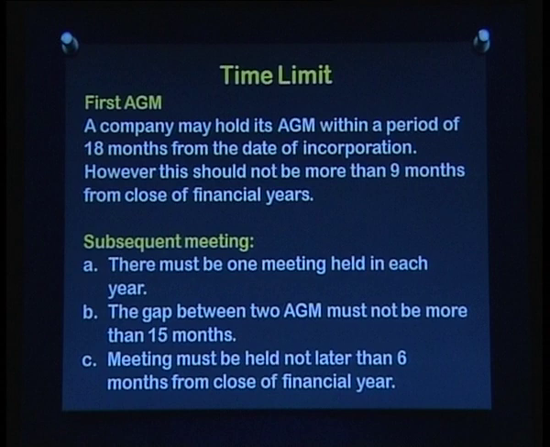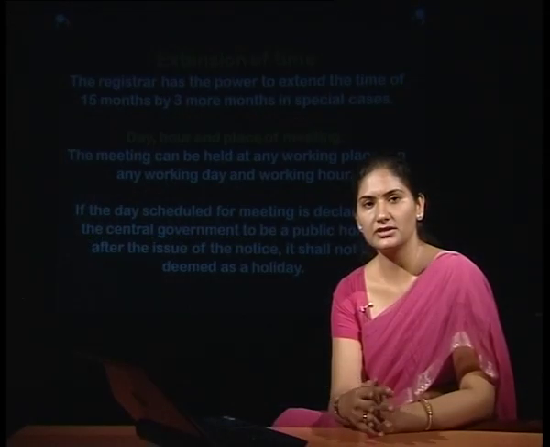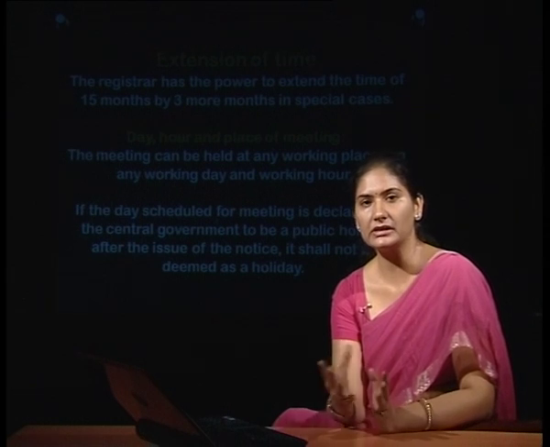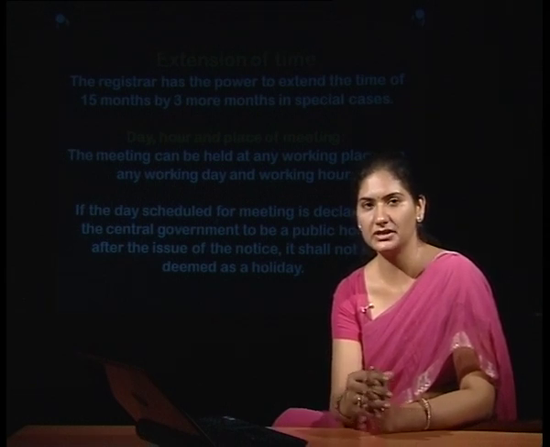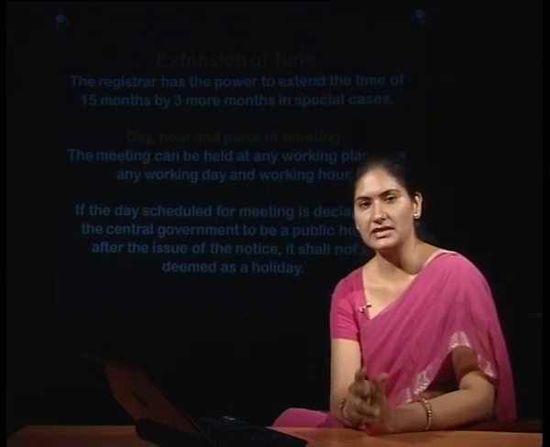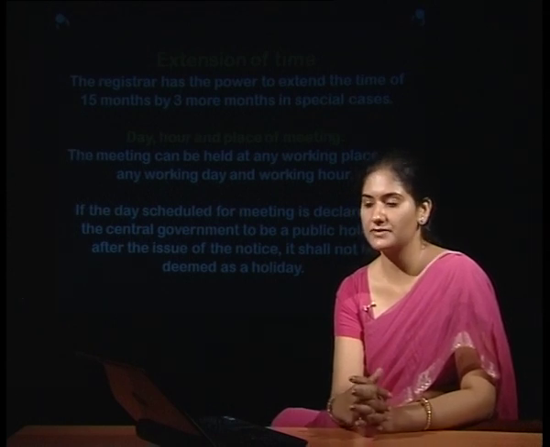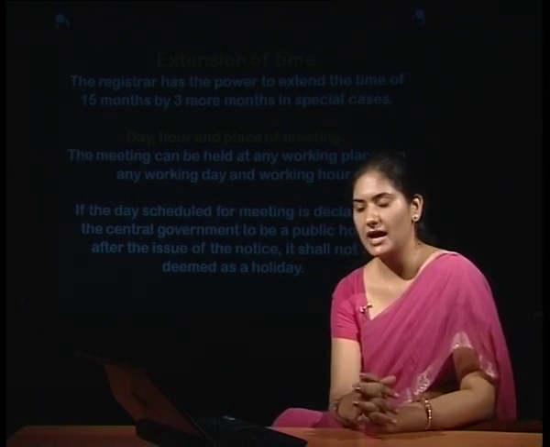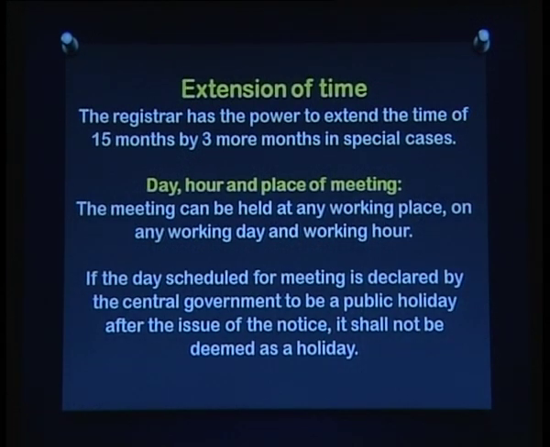Then there are some instances in the carrying on of the business of the company where the AGM could not be held within the time stipulation. In such a condition, an extension of time could be provided, and the ROC, that is the registrar, has the power to give an extension of 3 months maximum.